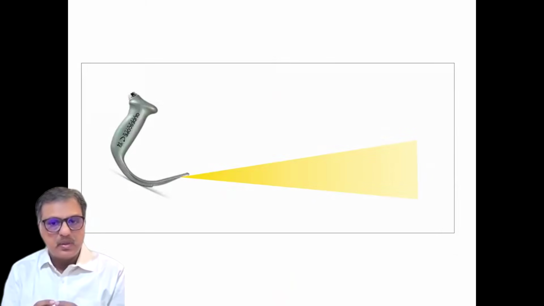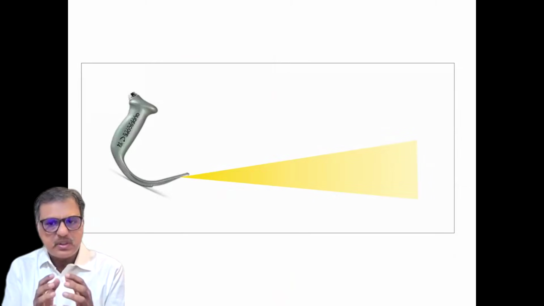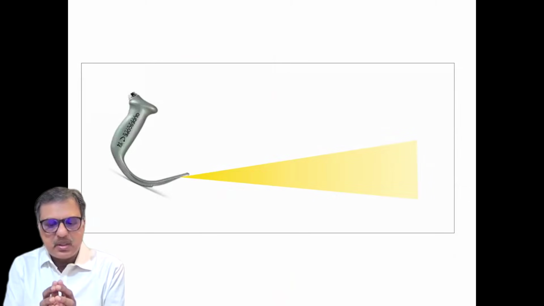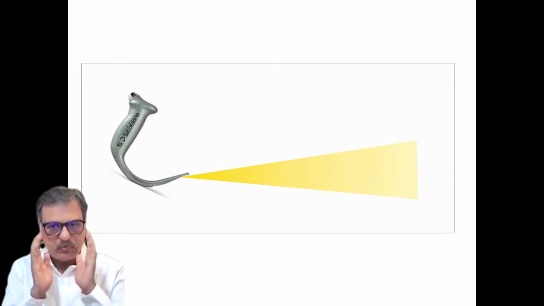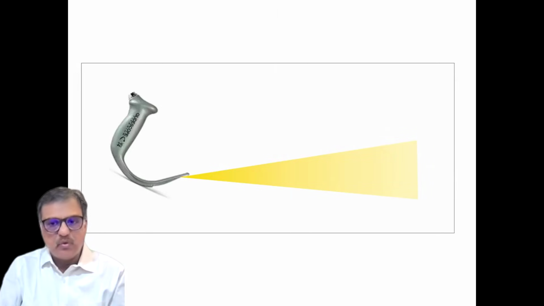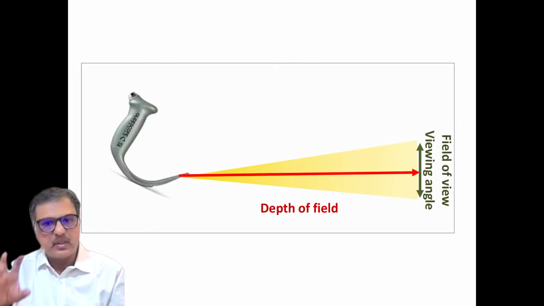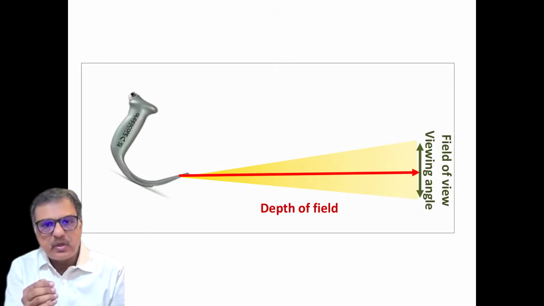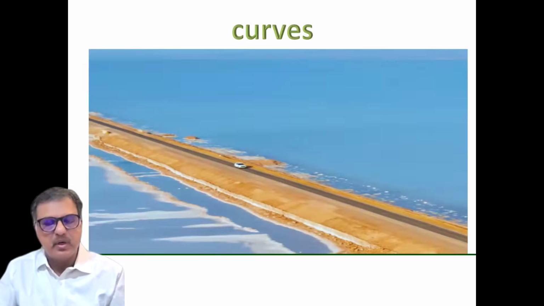Before going into detail, let's discuss a few basics. Each camera has its perimetry, like the perimetry of our eye. That's called the viewing angle of that camera. And the distance up to which the video camera can visualize structures is called the depth of field.